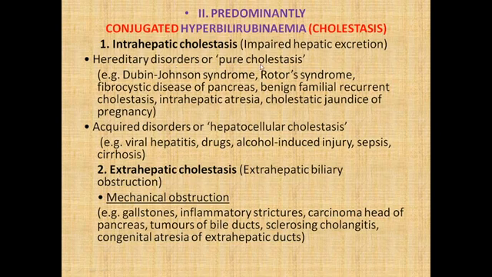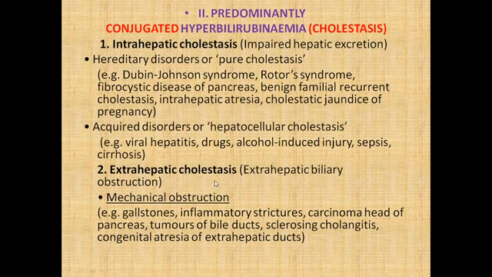Hereditary disorders or pure cholestasis in the form of Dubin-Johnson syndrome, Rotor syndrome, fibrocystic disease of pancreas, benign familial recurrent cholestasis, intrahepatic atresia, cholestatic jaundice of pregnancy. These are pure forms of cholestasis. And acquired means affected due to viral infections, drugs, alcoholic injuries, sepsis, cirrhosis. This will lead to intrahepatic cholestasis.